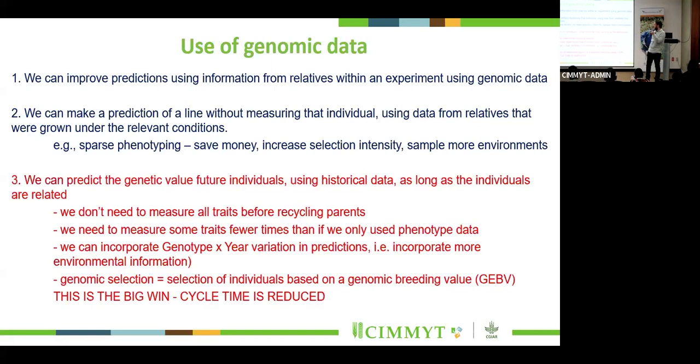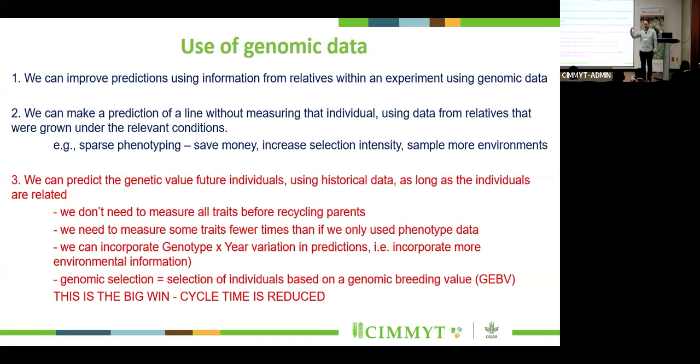The biggest benefit, which we said earlier with regard to cycle time, comes when we start doing this vertically, so through time. So we use the information from historical data, so last year's yield trial. We assume that we're running a breeding program fast.